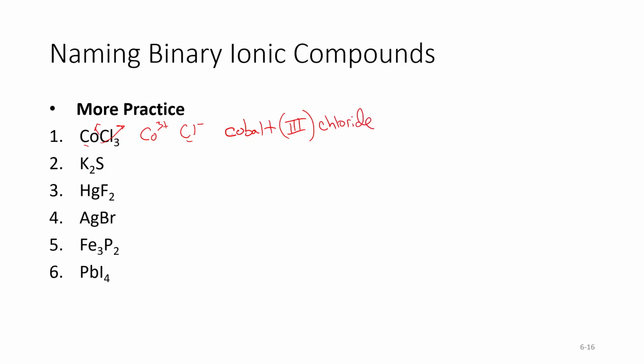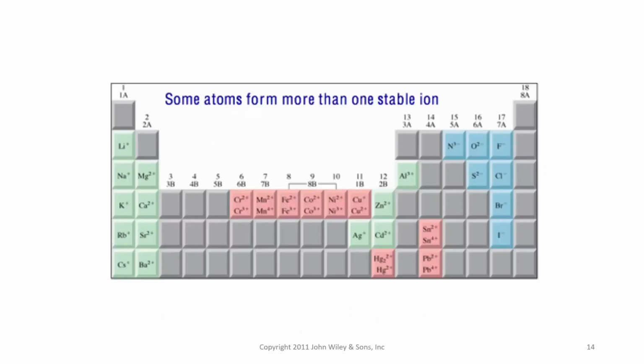So potassium only has one possible ionic form that's stable, so this is just potassium sulfide.